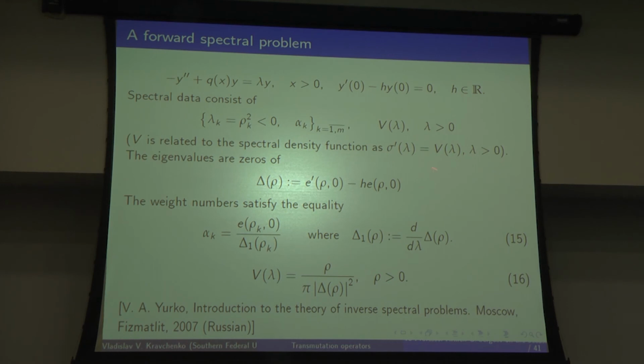So the thing which is needed is precisely this v, which is the derivative of sigma. So this v can be computed in this way. All this, for example, can be consulted in this book by Yurko.